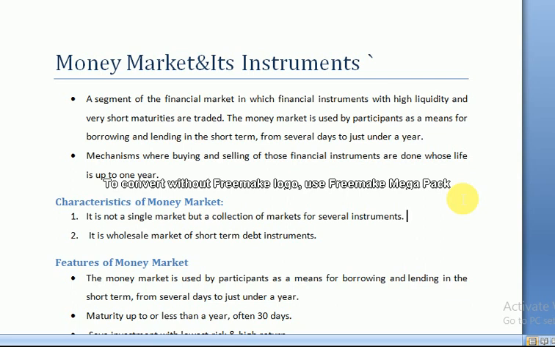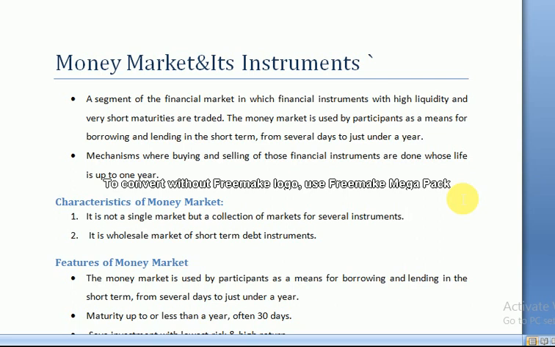So a 6-month certificate of deposit would qualify as a money market instrument, but a 2-year certificate of deposit is not an instrument of the money market. Why? Because the maturity of the 2-year certificate of deposit is higher than 1 year.